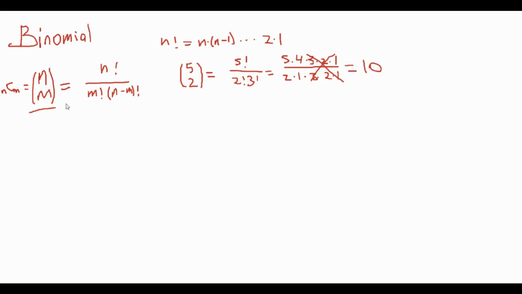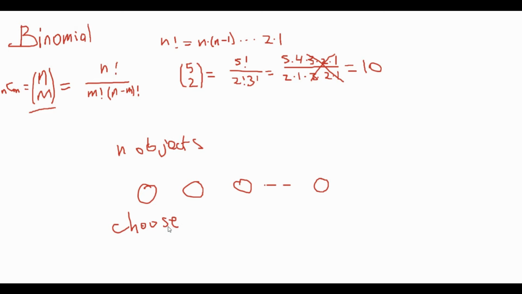Well, it's because in the combinatoric sense, if we have n objects, we want to choose, out of these n identical objects, they have to be identical, if we choose m of them, how many ways are there to do that? And the answer to this question is n choose m. So n choose m ways.